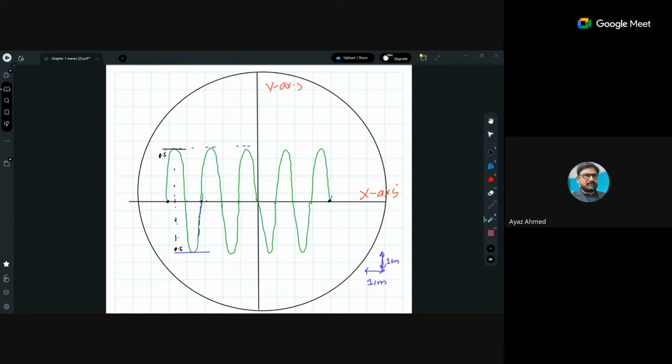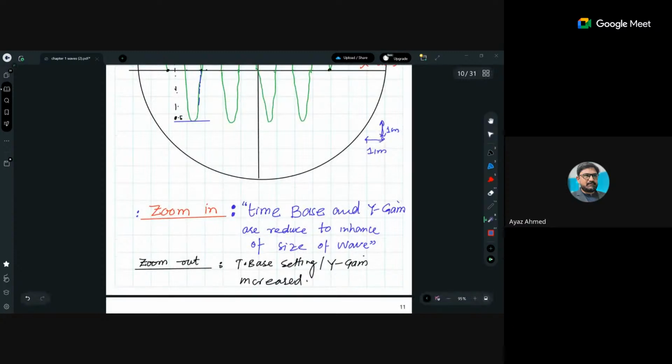So the x-axis can be different. When I move to the CRO, there are two controls, zoom in and zoom out, I have written. Using the time-base setting or y gain, you can reduce the size of the wave.